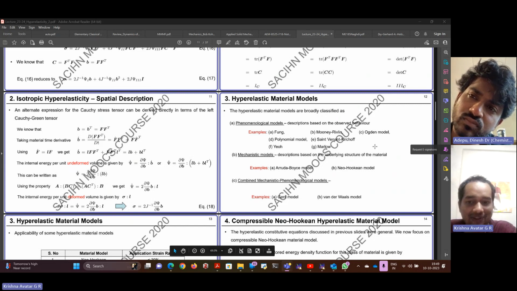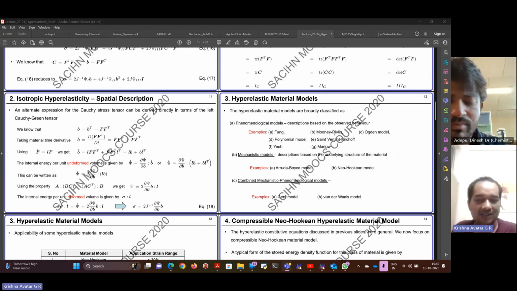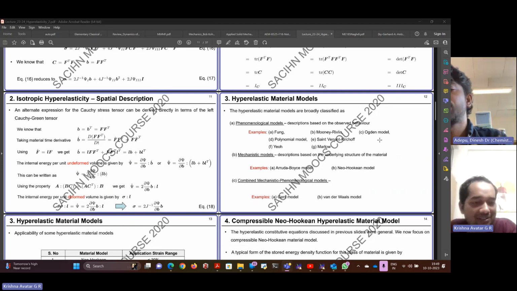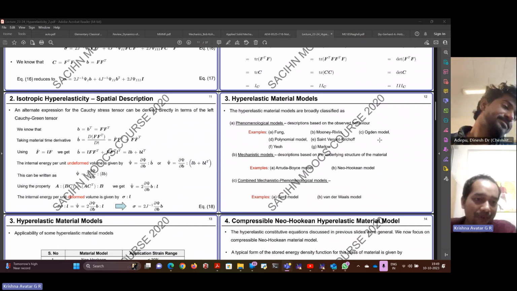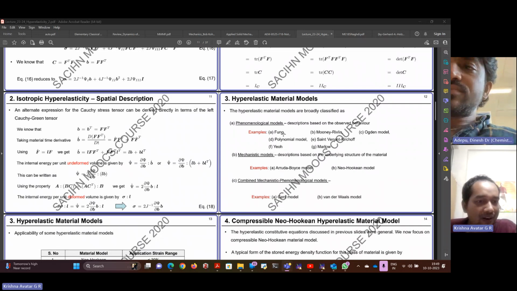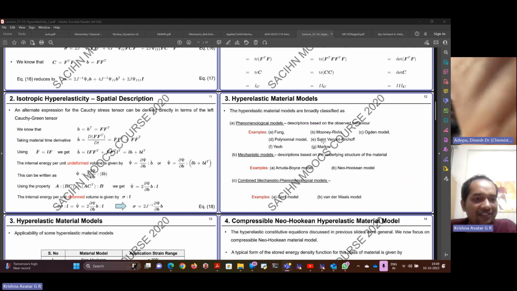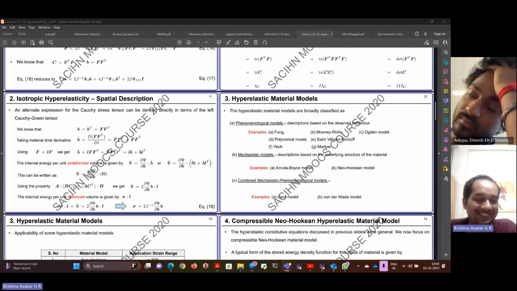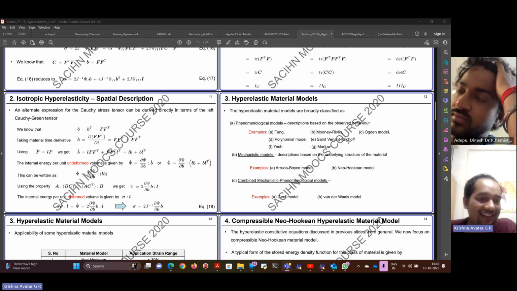So herein comes the Mooney-Rivlin model. This is widely used in structural mechanics. Then you have the Ogden model, widely used for modeling rubber. The Fung model is usually used in biomechanics. Then you have Saint-Venant-Kirchhoff, which, as you already know, is a nonlinear version of the linear elastic model.